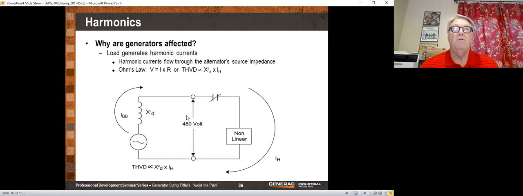Now our voltage distortion is tripled, and that 6% times 3 becomes 18%, which is way higher than the 8% that you're allowed by the standards. Now, if I'm starting a motor or something on a solid state starter, I'm comfortable going up to maybe 10% or so. But the standards say no more than 8% when you're running.